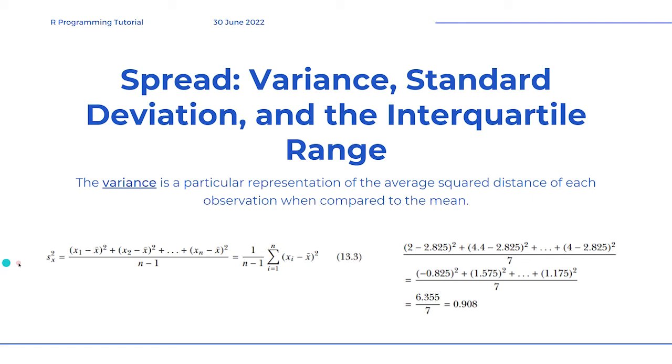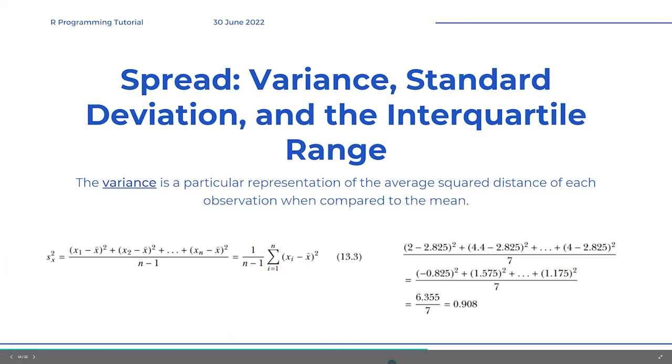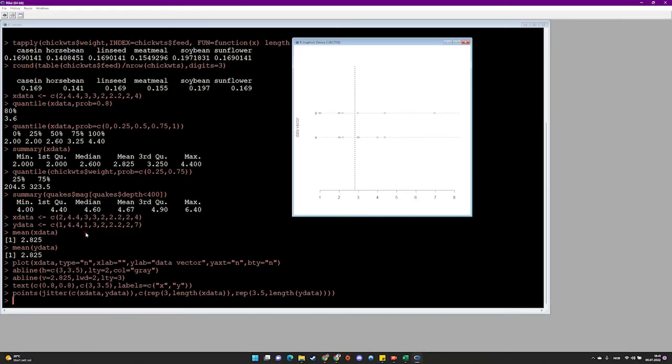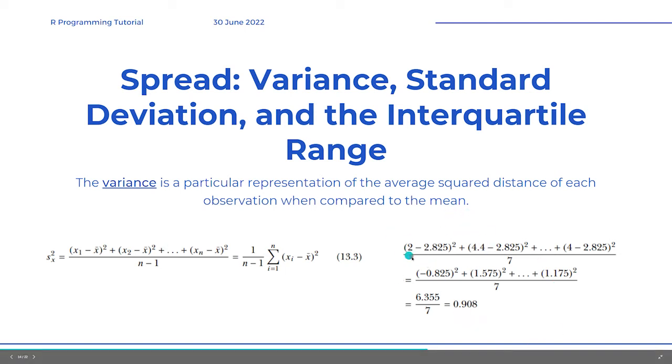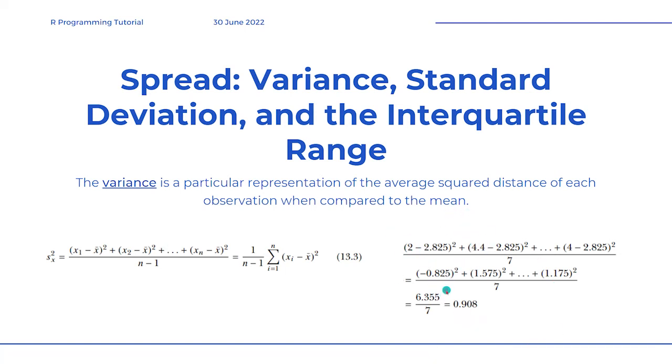So our mean here is 2 point what? 2.825, right? So this is the mathematical computation of variance, and this is how we compute the variance based on the data that we have earlier. This is the computation for the x data vector.